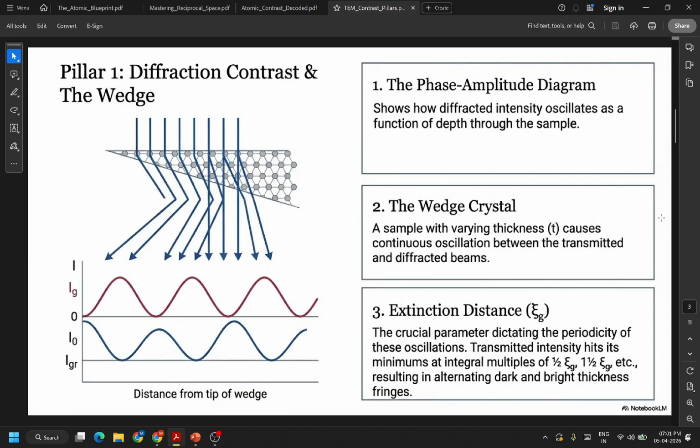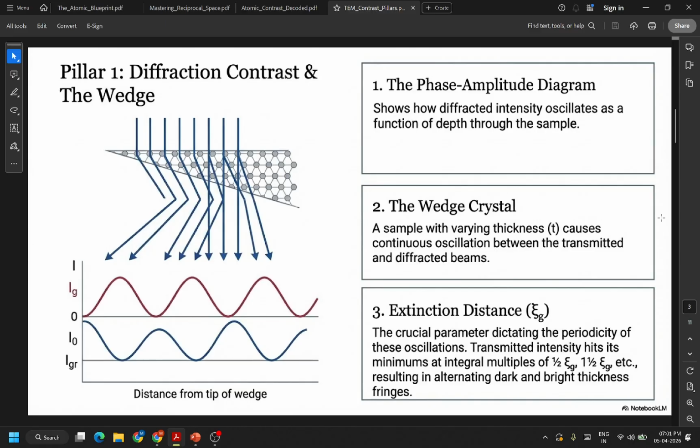So diffraction contrast and the wedge change the phase amplitude diagram. The phase amplitude diagram shows how diffracted intensity oscillates as a function of depth through the sample. A wedge sample with varying thickness causes continuous oscillations between transmitted and diffracted beams, and the crucial parameter dictating the periodicity of these oscillations is the extinction distance, epsilon g.